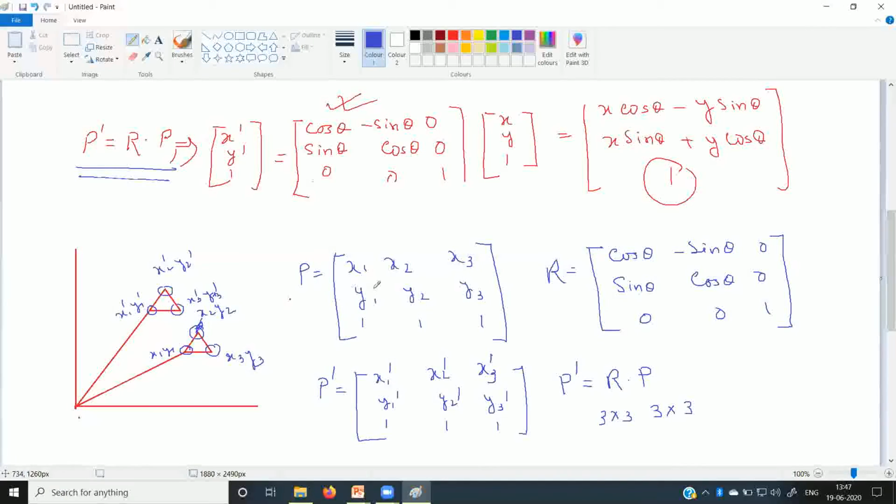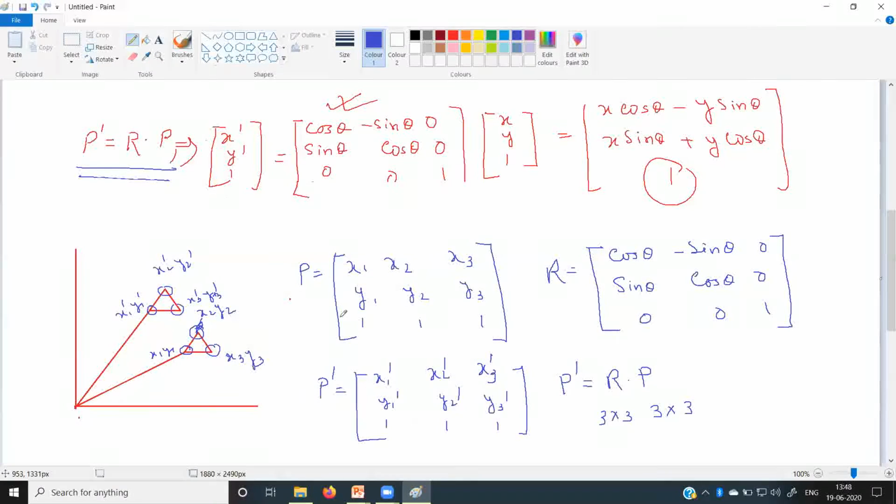So if you multiply it, each point will be multiplied with this rotation matrix, and you will finally get x1 cos theta, then y1, so it will be like that. So if you multiply this row, cos theta, minus sin theta, 0, with this point set, you will get x1 cos theta minus y1 sin theta, then 0 is not required, and then you will get x2 cos theta minus y2 sin theta, and the last one is x3 cos theta minus y3 sin theta.